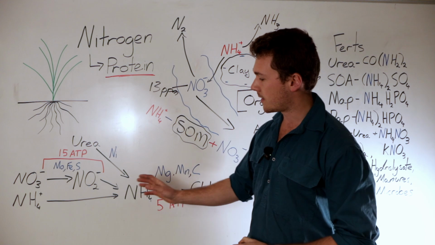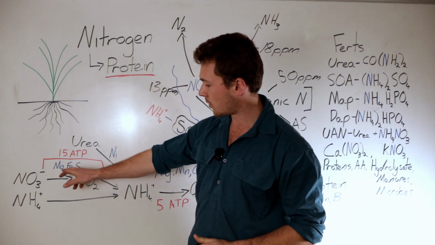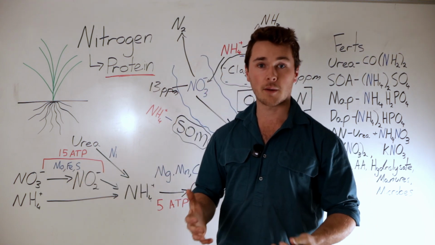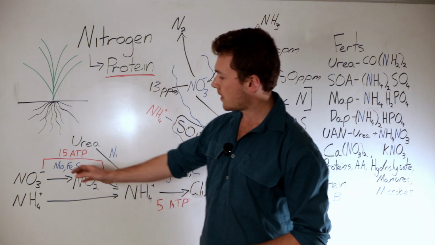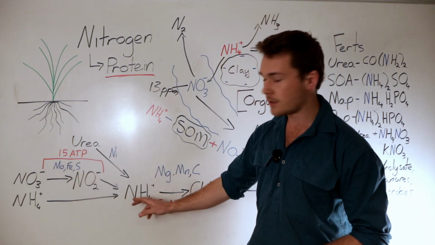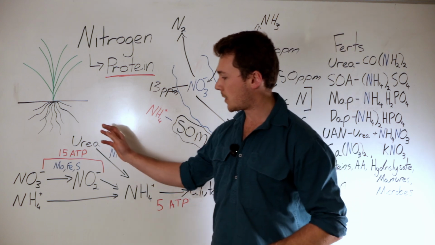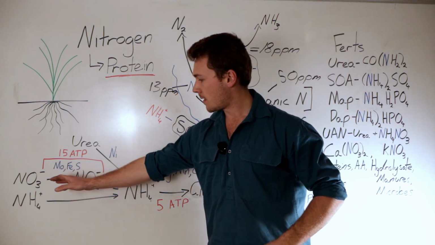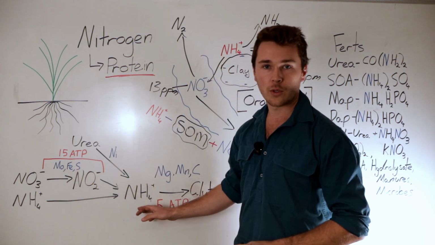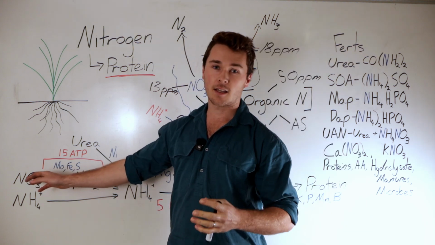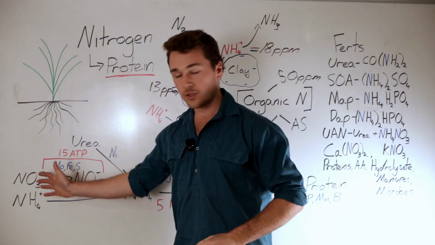The really interesting part about this is that if we don't have molybdenum or iron or sulfur available for our plants to then make those enzymes, our nitrate won't get converted into ammonium, which means if we apply a bunch of nitrate fertilizer, that won't get converted into ammonium. It'll simply stay in the plant as nitrate, which is not great at all.